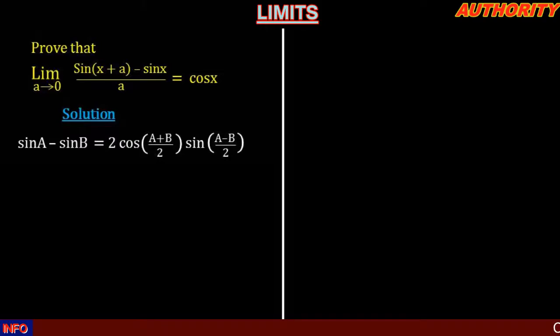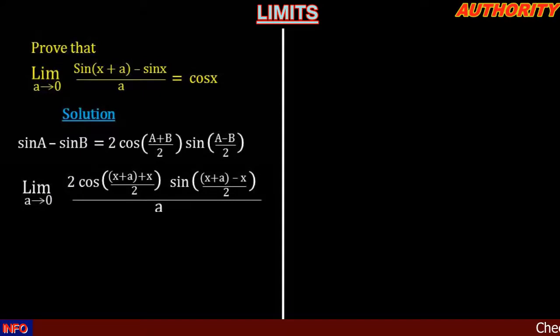Here we have sin(x + a) - sin x. So it's the same thing as saying 2 cos((x + a) + x)/2 sin((x + a) - x)/2, then we have all over a. So that means we have the limit as a approaches 0.